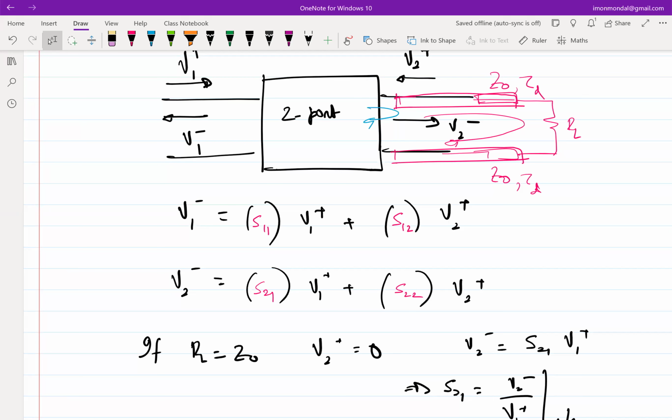You will be able to determine that the value will be 0, right? If input is matched, there is no reflection at the input.